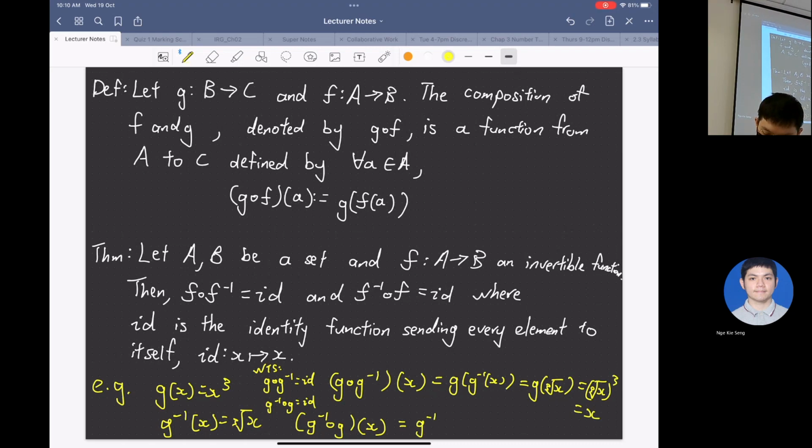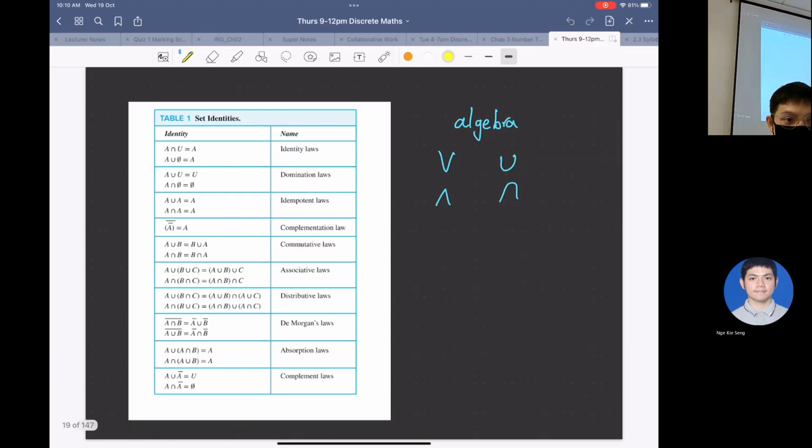You get g inverse of x cubed, and then the cube root, which is x. So the order of putting the cube and cube root doesn't matter. This is a theorem, but we just use it.